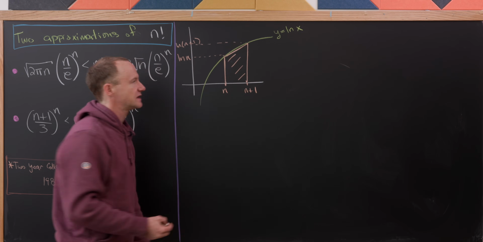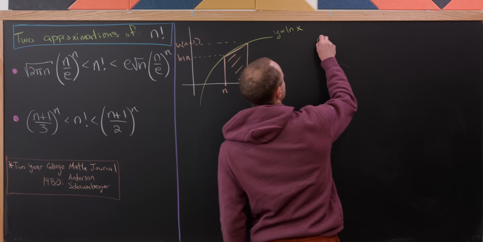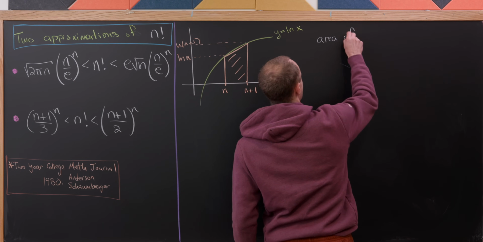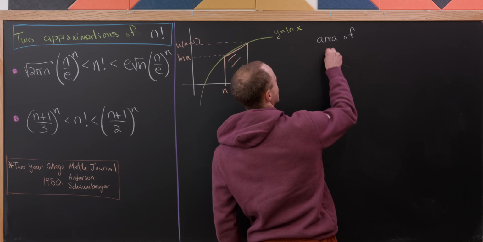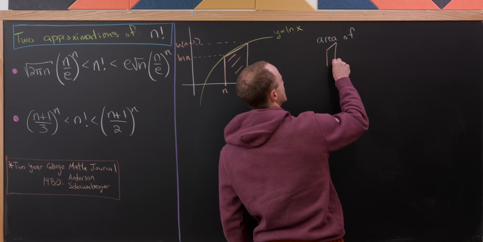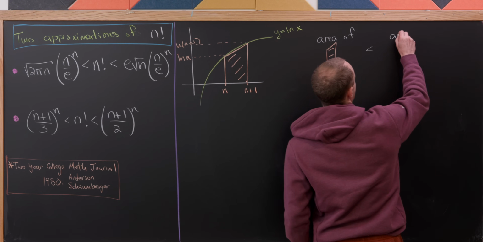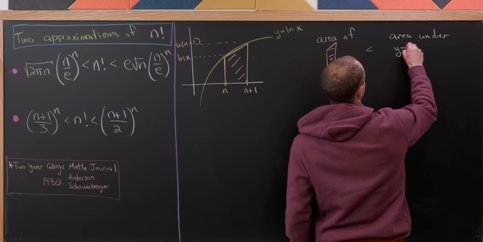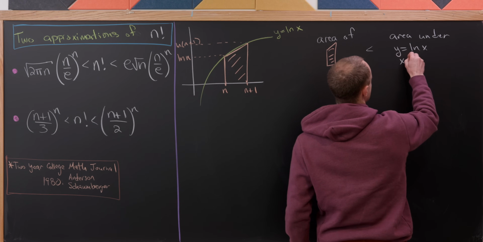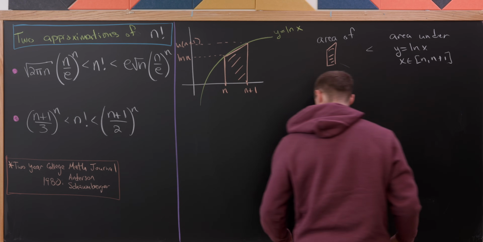And now let's observe that we have the following inequality. The area of this trapezoid, so let's put a little picture of the trapezoid right here, is in fact less than the area under our function y equals natural log of x, where x runs from n to n plus 1.